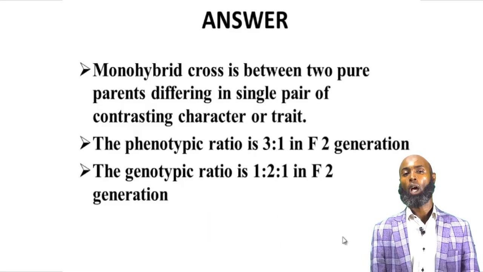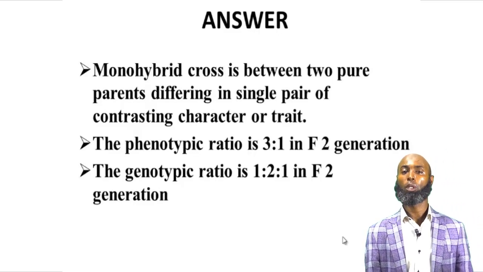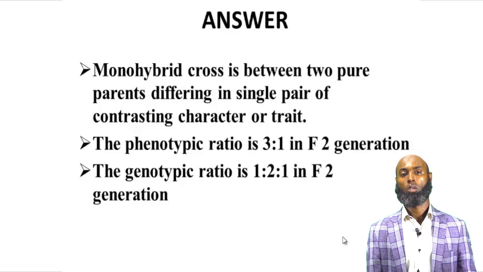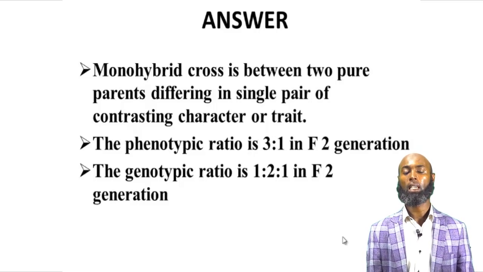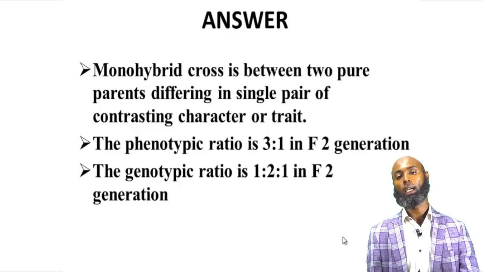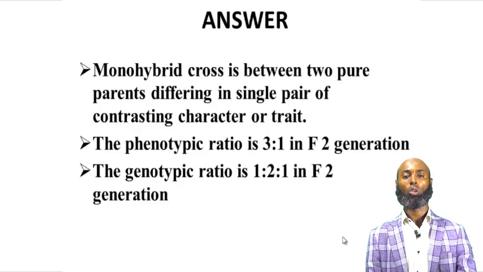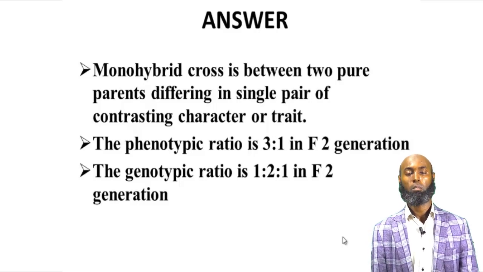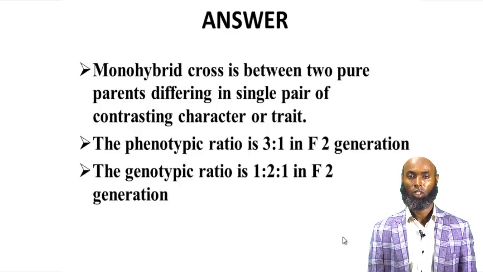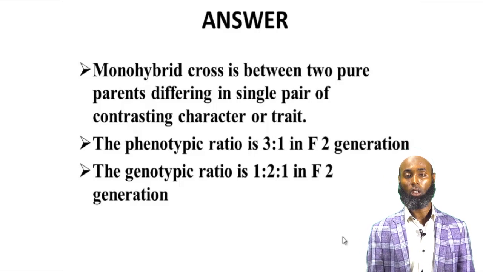Very good. A monohybrid cross is a genetic cross between two pure parents differing in a single pair of contrasting characteristics, like the one that you have taken. The two parents were pea plants, only they were different in the color of the flower.